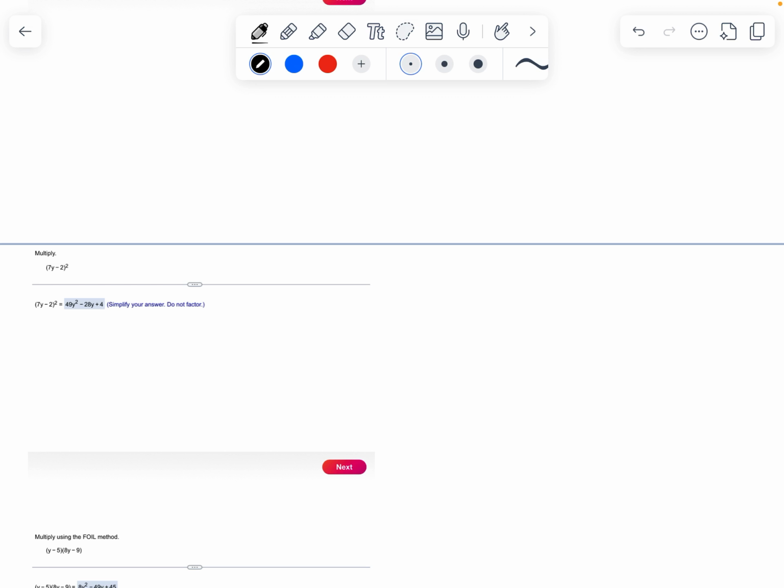Alright, here we want to multiply. So I have 7y minus 2, this squared. This is one of the perfect square rules that says that when you have a minus b squared, we have a squared minus 2ab plus b squared. In this case, our a is 7y and our b is just 2.